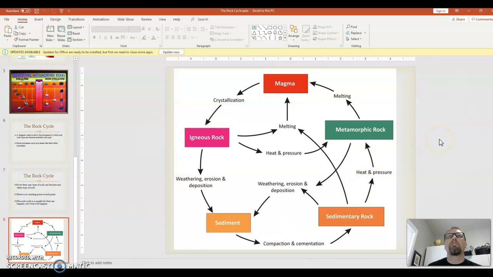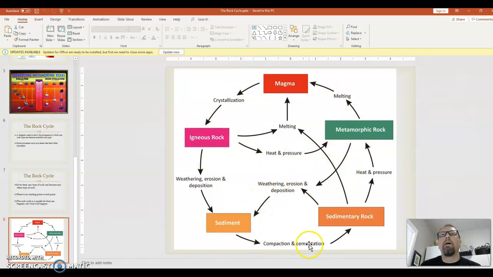Okay, so when we look at the rock cycle, here it is. We've got our three main types of rocks: igneous rocks, metamorphic rocks, sedimentary rocks. And then what's more important are these arrows and the processes. By process I mean things like melting and crystallizing, becoming buried and deposited over time. So if you look at them, there's a lot of arrows going on there.